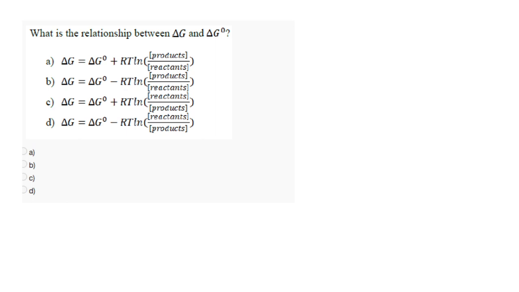Option B? Let's see. Option A is the correct one. Delta G is equal to delta G naught plus RT ln product over reactants.